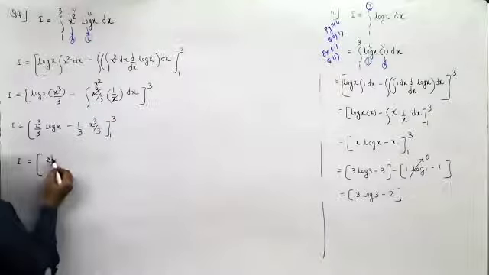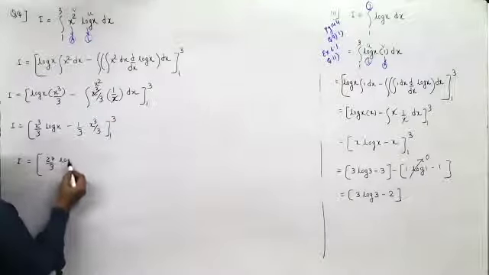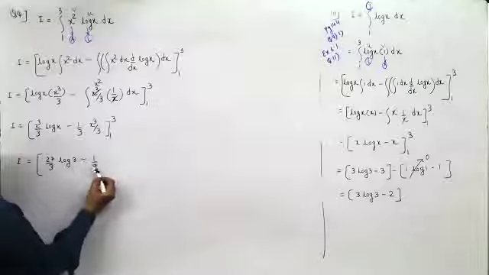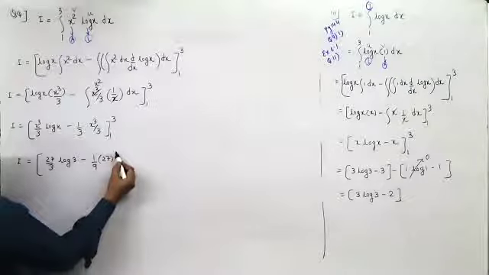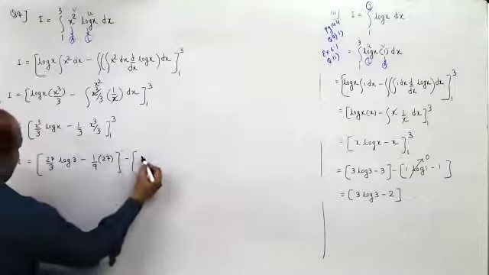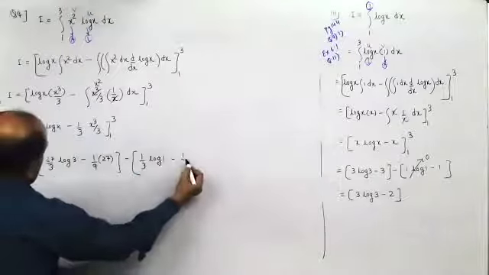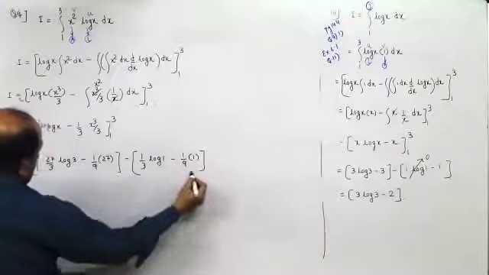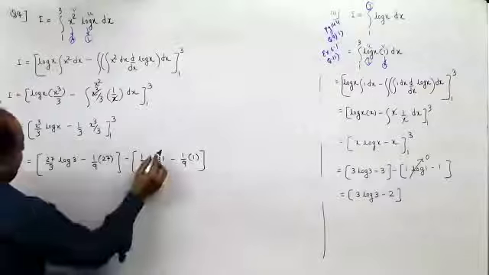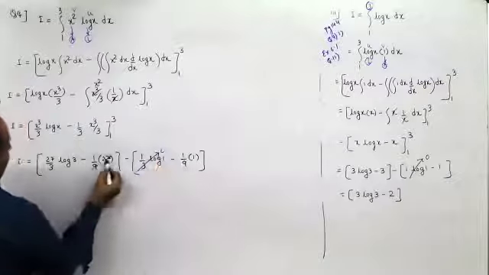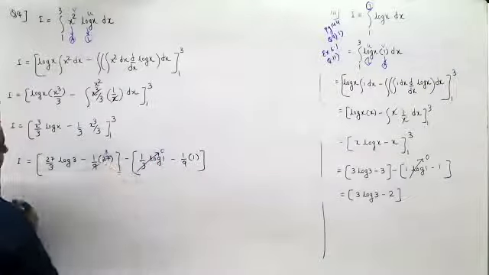This would be 3 cubed, 27 by 3, log 3 minus 1 by 9. This is 3 cubed, that is 27. Then minus of 1 upon 3 log 1, that is 0. And then minus 1 upon 9, this is 1, this is 0. 9 3s are 27, so 9 log 3 minus 3 minus 1 by 9.